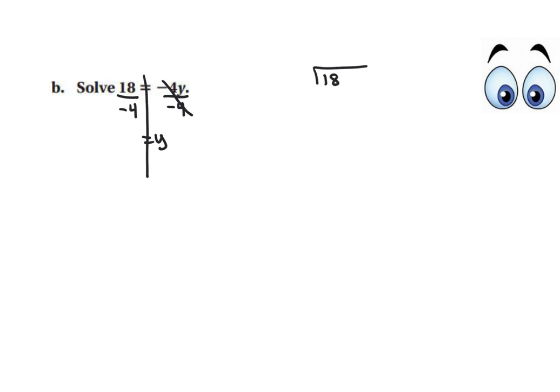The top number always goes in the house for long division. And we bring the decimal up. 4 doesn't go into 1, but it goes into 18 4 times. 4 times 4 is 16. 4 goes into 20 5 times, and 5 times 4 is 20. So you have no remainder. So 4.5. And we said a positive divided by a negative is a negative.